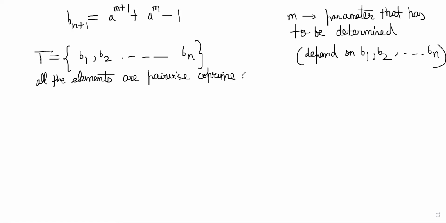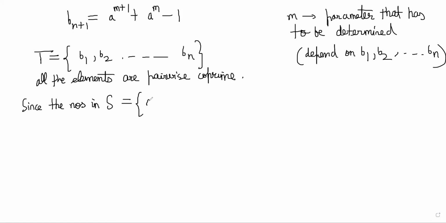We need to prove that there is a B(n+1) that can be part of this subset, right? Okay, so since the numbers in S, what were the numbers in S?